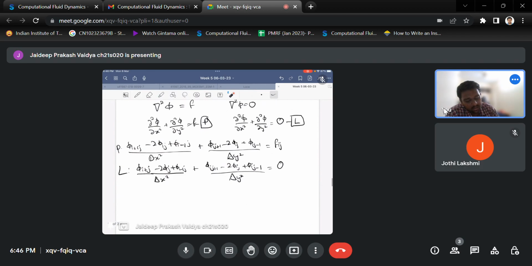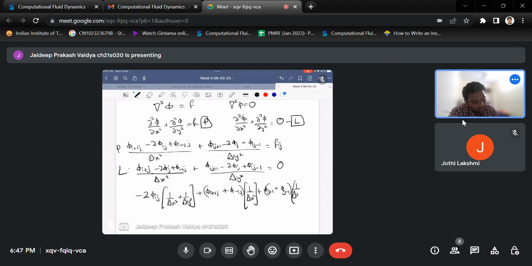So when we write the diagonal coefficient here, we'll get that to be equal to minus 2 times phi i j times 1 by delta x square plus 1 by delta y square, plus phi i plus 1 j plus phi i minus 1 j times 1 by delta x square, plus phi i j plus 1 plus phi i j minus 1 times 1 by delta y square.